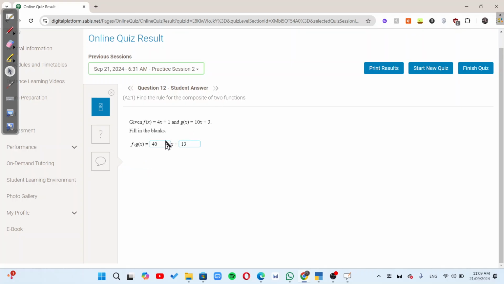Okay, so f∘g of x. Like I said again, you replace this every time you see an x into this. It's always second into first. So 4 times 10x plus 3, plus 1.